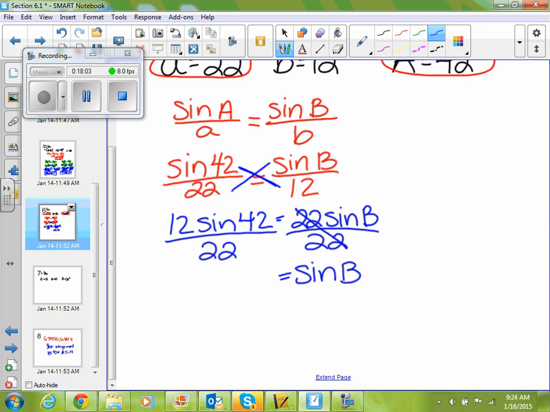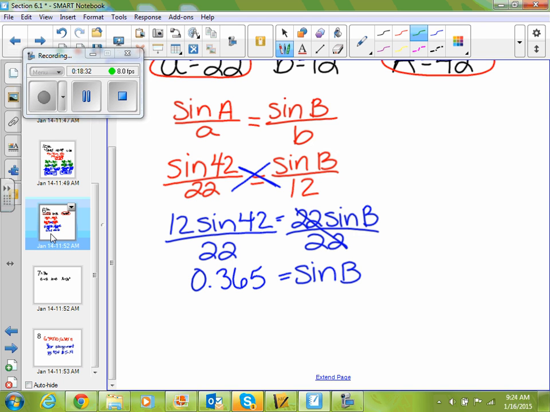So 12 sine of 42 is equal to approximately 8.030. If I divide that by 22, then I end up with 0.365 approximately.